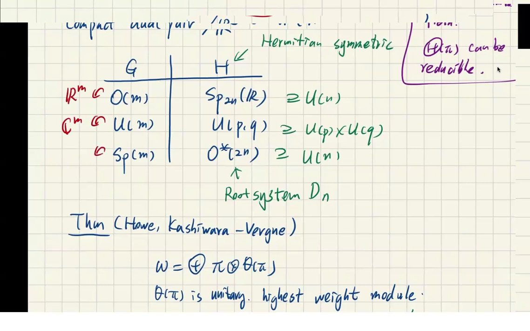So this will be again a symmetric space, the isometry group of a form, but now it's a form on the quaternions. So this is a compact form of a symplectic group.